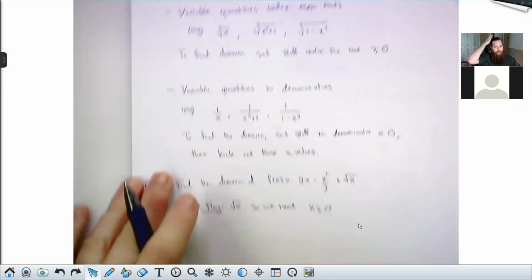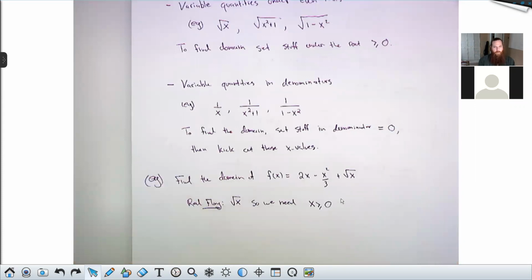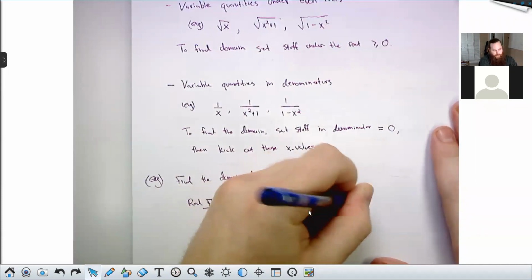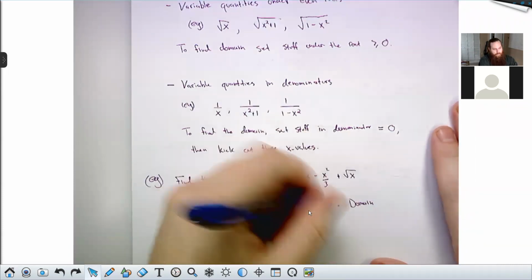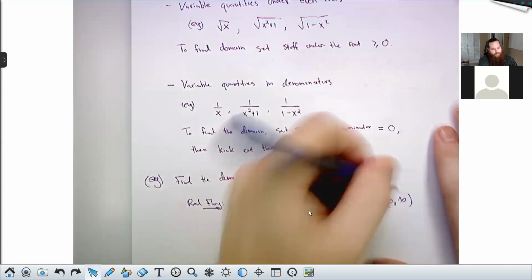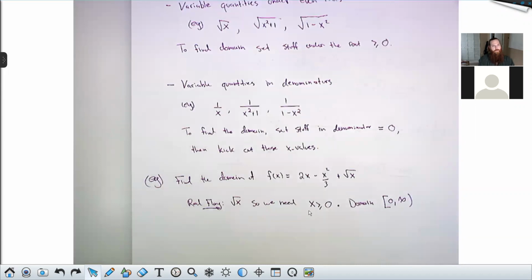That's the only red flag, and these are the conditions that make sure we stay out of trouble. So the domain is just that. It's all the x's which are greater than or equal to 0. That's the left closed, right open interval from 0 to infinity.